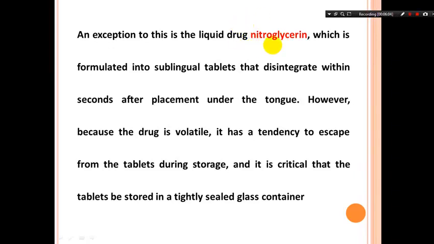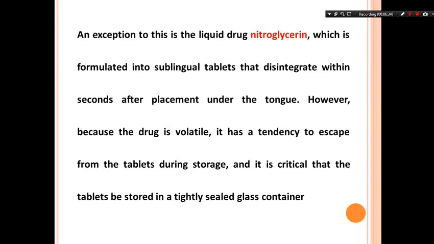عندنا الدراج نيتروغلايسرين اللي هو anti anginal drug، هو liquid drug in nature، لكن قدروا يعني formulated as a sublingual tablet disintegrate within the mouth within seconds when placed under the tongue. لازم keep in mind this drug is volatile even when it is formulated in the tablet dosage form.